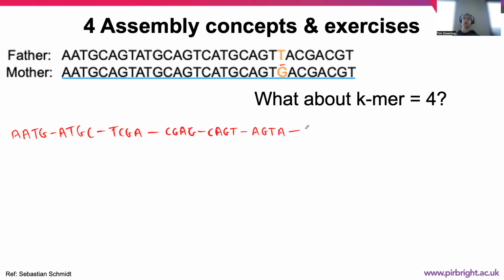And then we can put another one here, GTA. Where's GTA? The T at the end. And then we'll put a join down here because I'm going to run out of space. TATG.